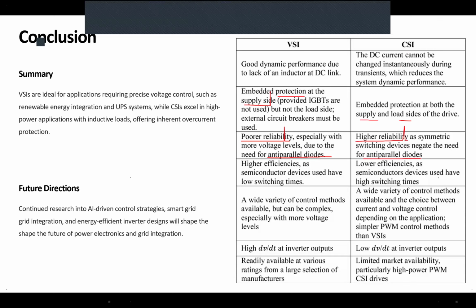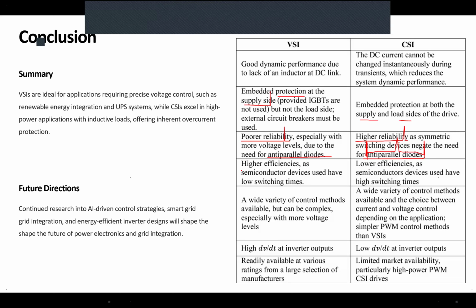But you need to not forget that they need an external commutation circuit, which you could say evens out these benefits.